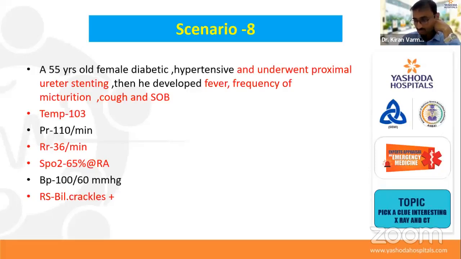Dr. Ayusha, fluid overload. Any edema, 1 plus? No. Okay, might be. That's why we have to keep as many differentials as possible with the history and clinical examination. Diaphragmatic injury, okay. She underwent urological surgery, ureteric stenting, so less likely to have diaphragmatic injury.